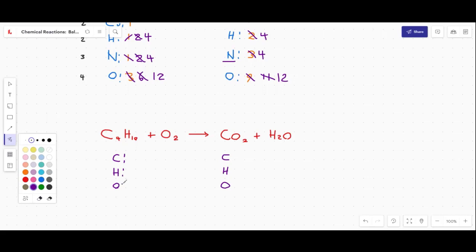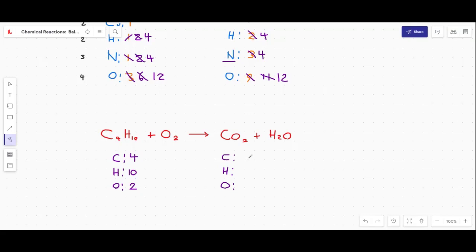First things first, we identify how much of each we have on each side. How many carbons are on the reactant side? 4. How many hydrogens? 10. And how many oxygens? 2.